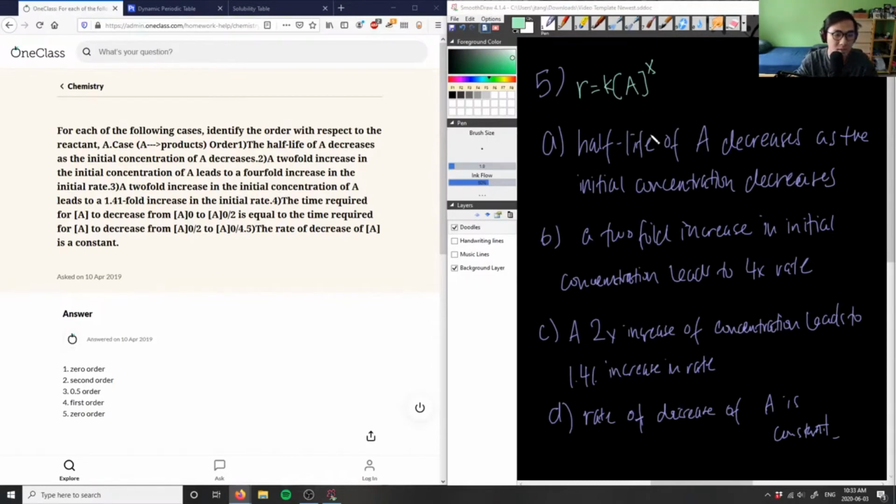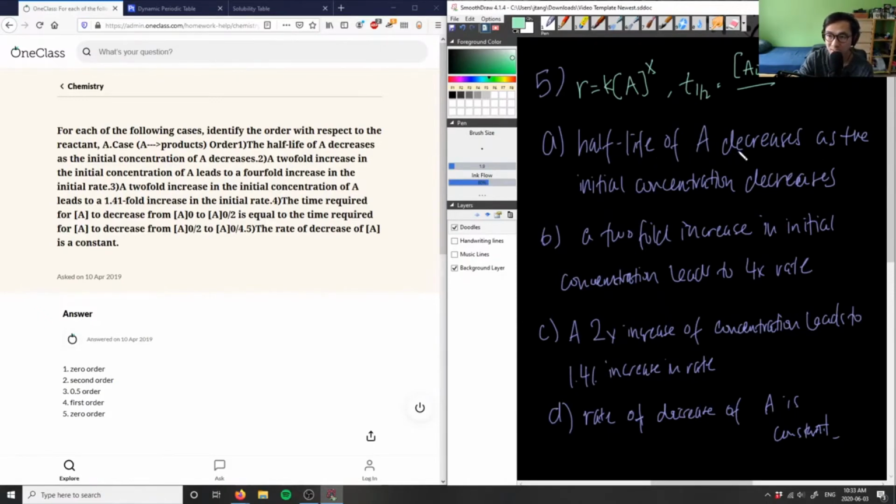So let me just find the formula for the half-life here, because I don't know it off the top of my head. So half-life of a reaction formula. Again, you should be given these formulas at the test anyway, so I don't bother to memorize them. So we have half-life, which is t half, given as the initial concentration over 2k. And this one would be a 0 order.